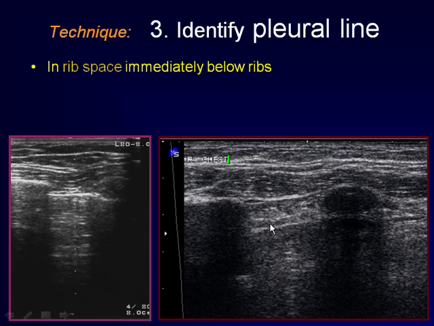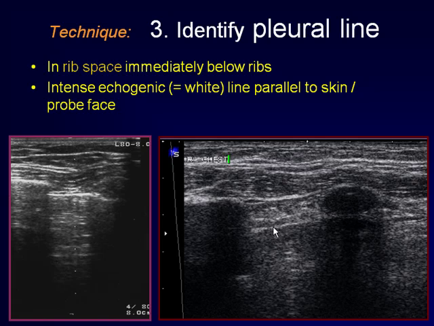In this image here, again, a large number of lines that could be confusing. The one that you're going to identify is the one that actually goes under the rib, and you can see this rib. There's some through transmission of the ultrasound on this rib, which actually shows you the posterior surface. So here you can be very confident that this is the pleural line on this rib. Again, in this rib, a little bit more typical in that the shadowing prevents you from seeing the posterior wall of the rib.